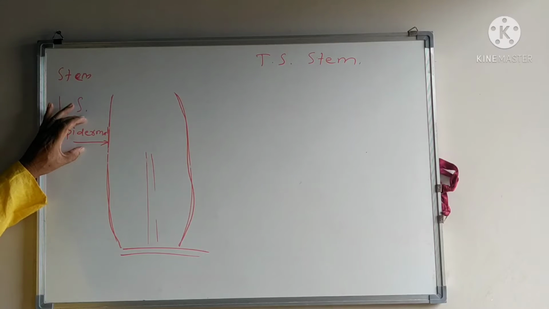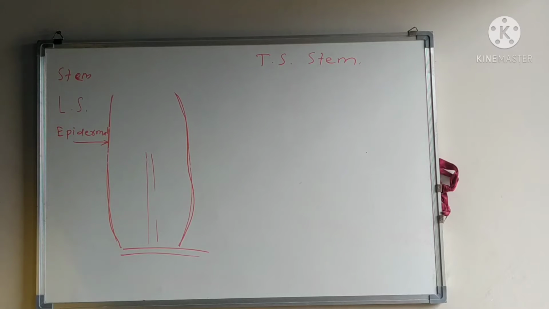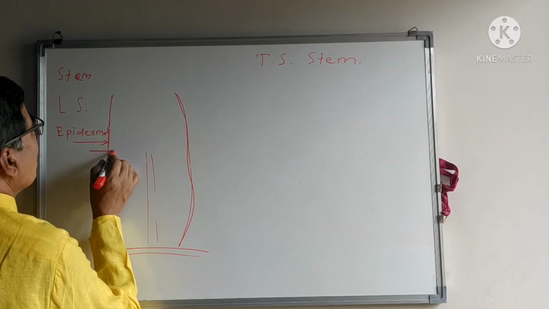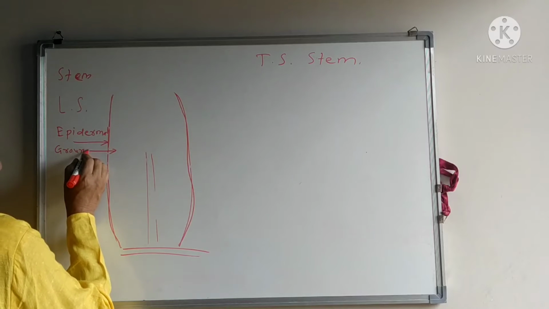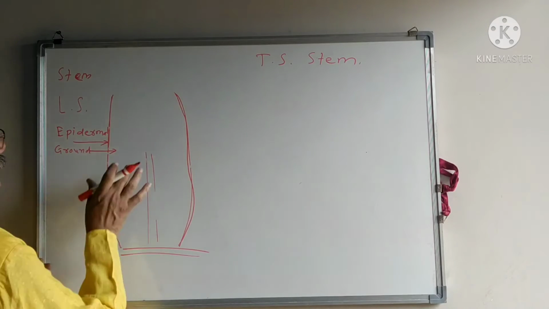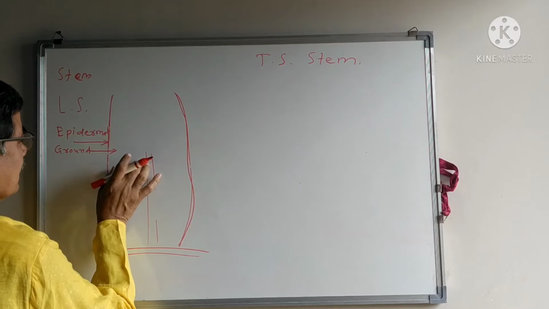This epidermal tissue system is also known as the dermal tissue system. Inside this follows the ground tissue system. This ground tissue system is also known as the fundamental tissue system.